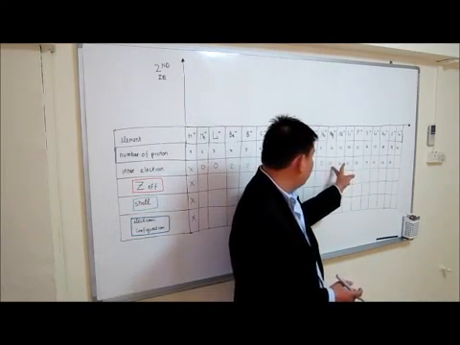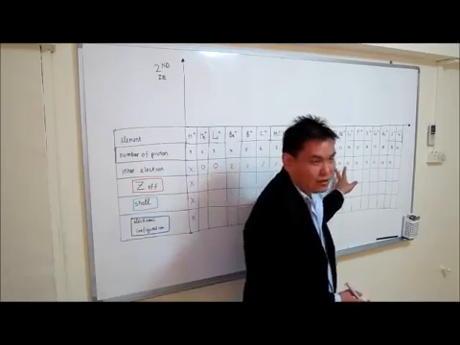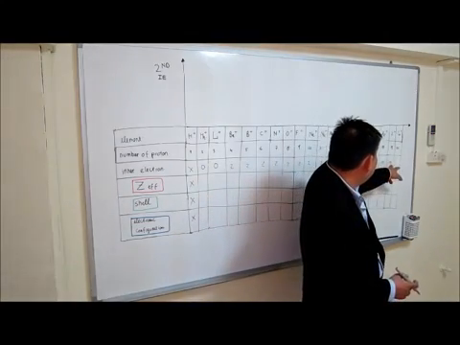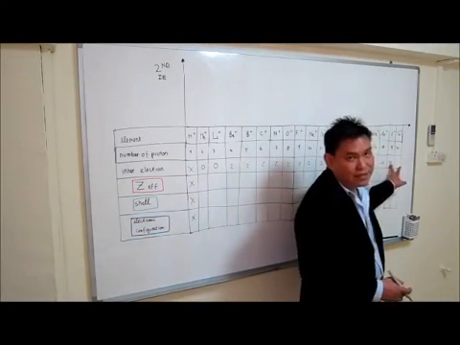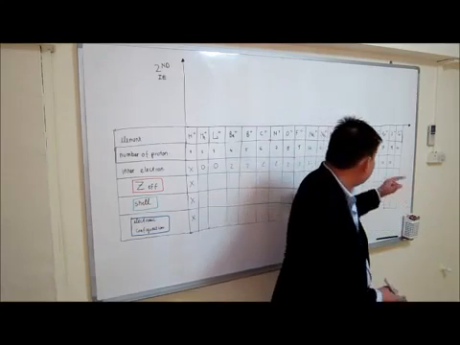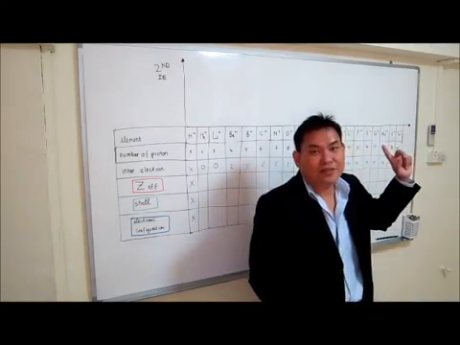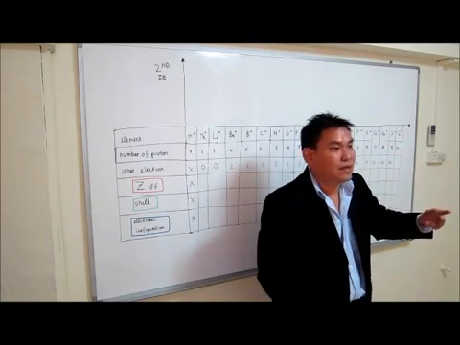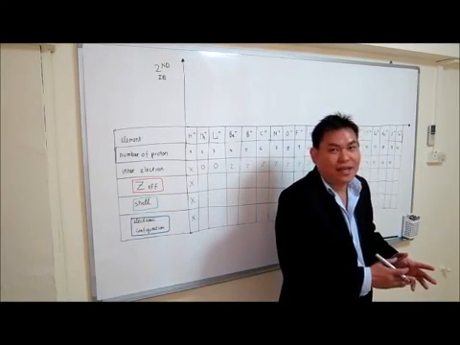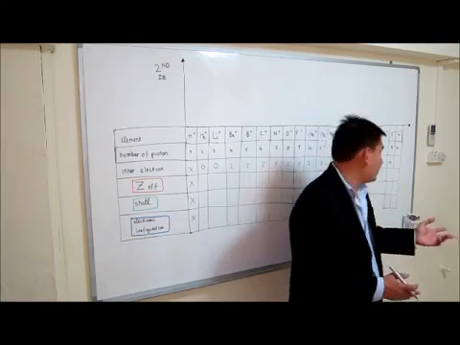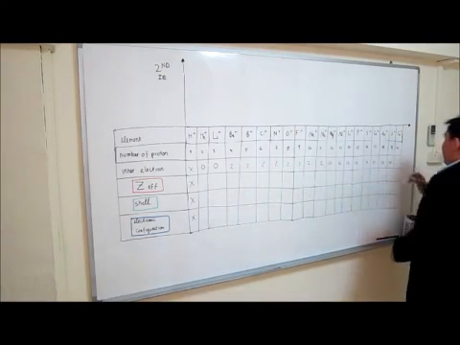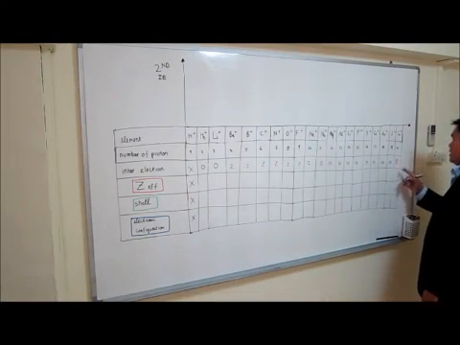So the inner electron is counted as 10. In the case of K+, it has 18 electrons, 10 on the first and second shell and 8 on the third shell. In the case of Ca+, you have 18 electrons.